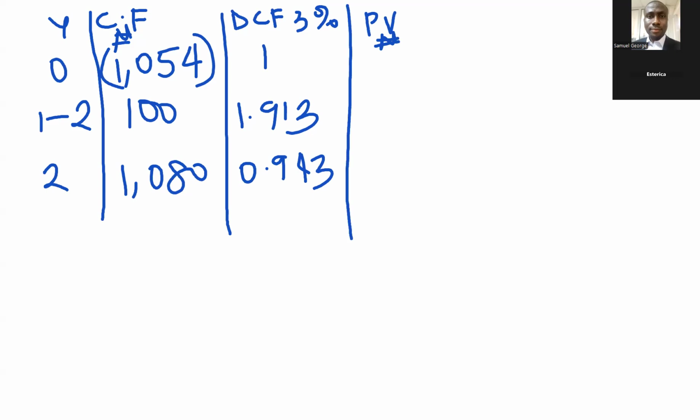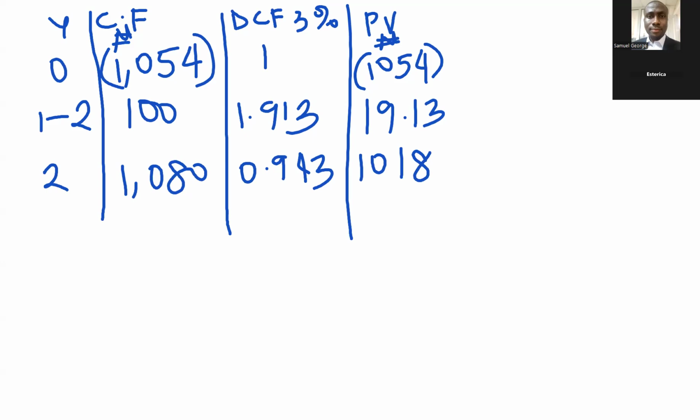So our PV in Naira is going to be negative 1054, and 100 times 1.913. I have 19.13, and 1080 times 0.943. That is 1018. Okay, 1018.